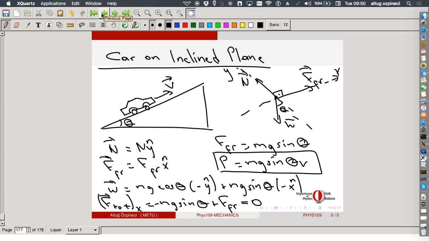Yes, other questions? About the electrical saw, how do they cut?